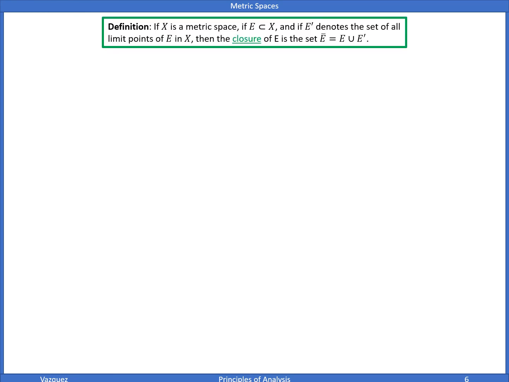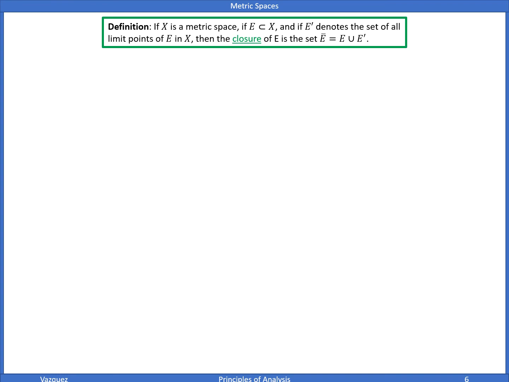So moving on to our last slide, we're going to define something called closure. And no, it's not what you think you need with your ex-boyfriend or ex-girlfriend. It's something else. So if X is a metric space, if E is in X, and if E apostrophe denotes the set of all limit points of E in X, then the closure is the union of the set E and its limit points.